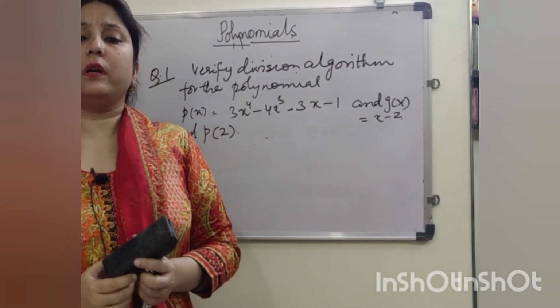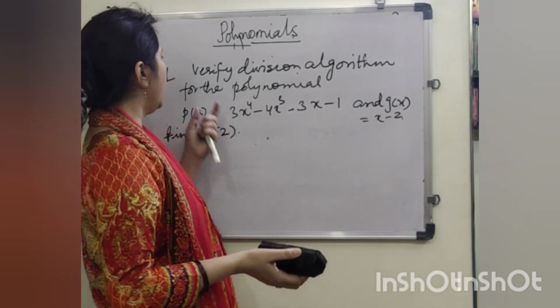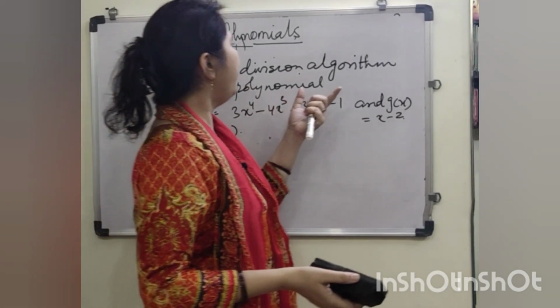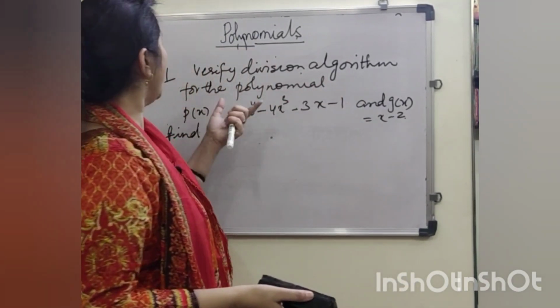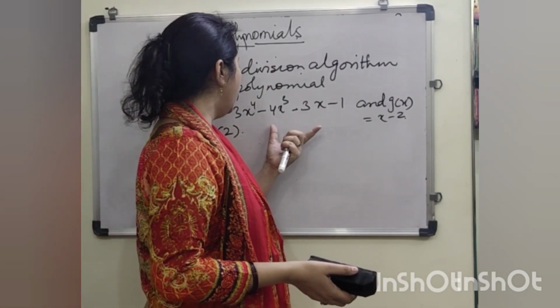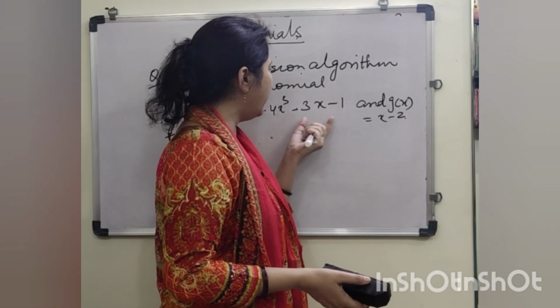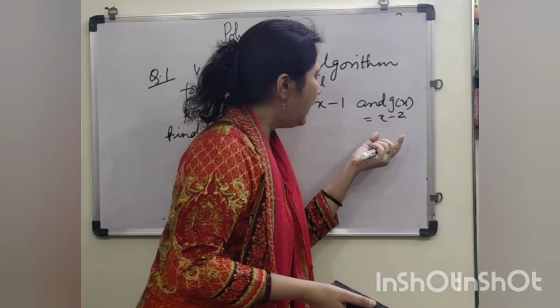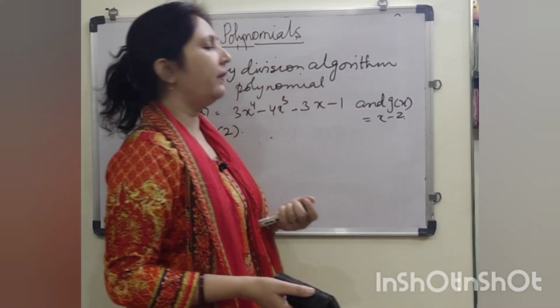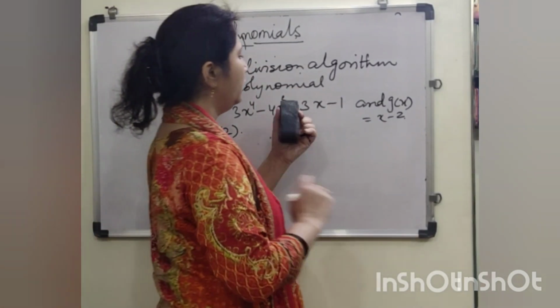Now based on the division algorithm, I have taken up a question. Verify the division algorithm for the polynomial p(x) equals 3x^4 minus 4x^3 minus 3x minus 1, and g(x) you are given as x minus 2.